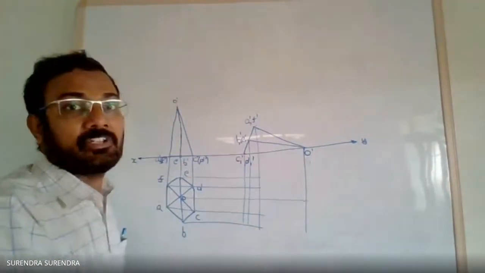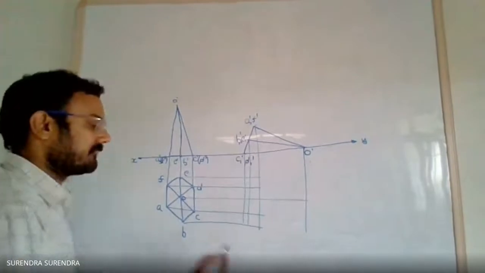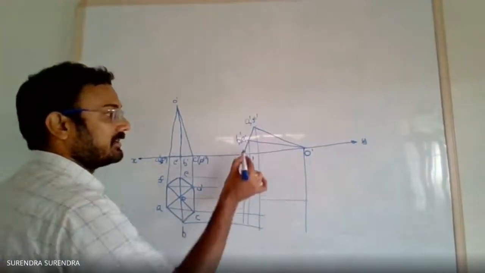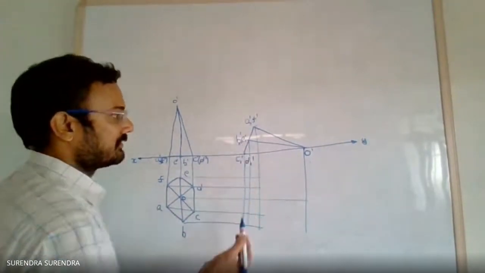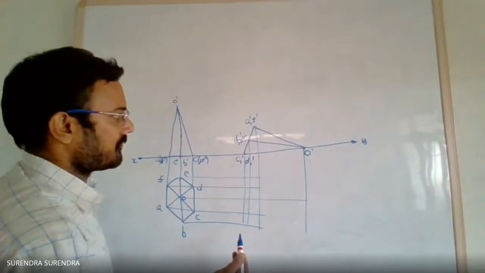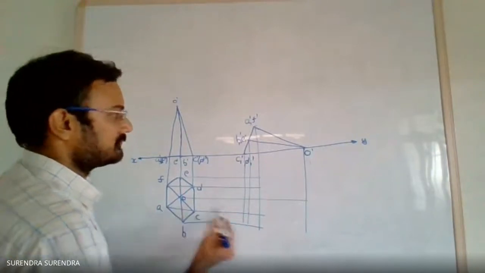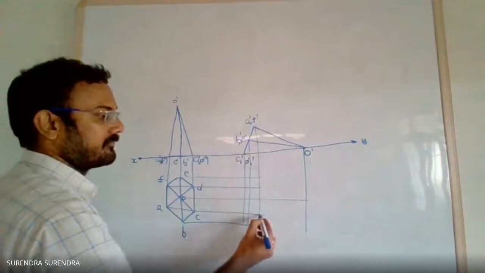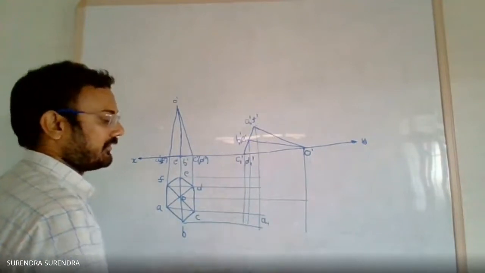Mark the respective intersection points. Projection from A, A1.